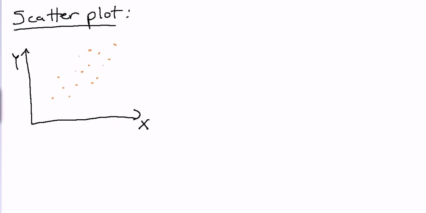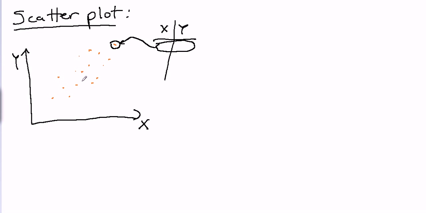Now, each one of these points represents one observation from our data set. So this one right here, if I circle it, is one row in that data that we considered in the last video, where we had an x and a y, and one row represents one observation. This is a visual representation of this data set.